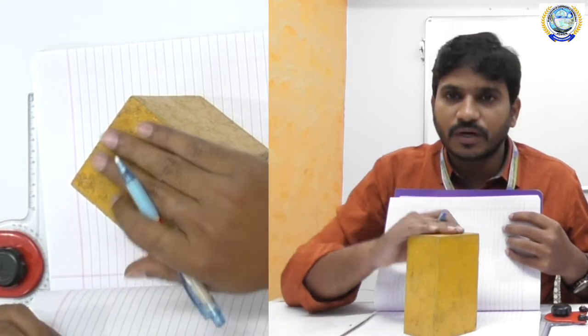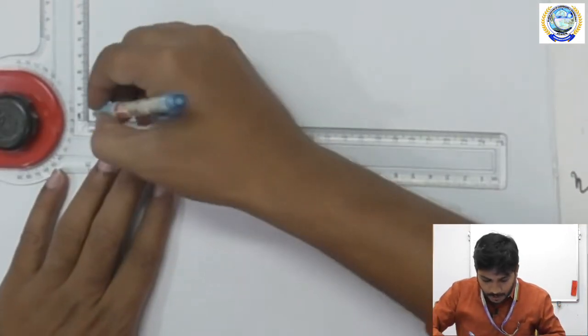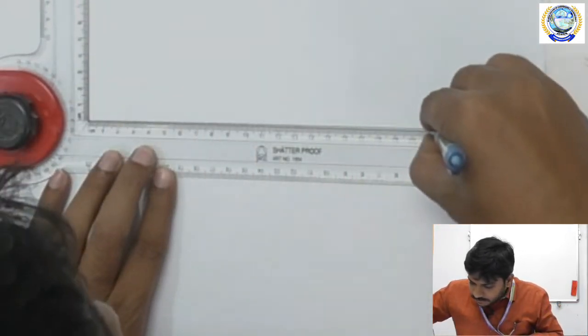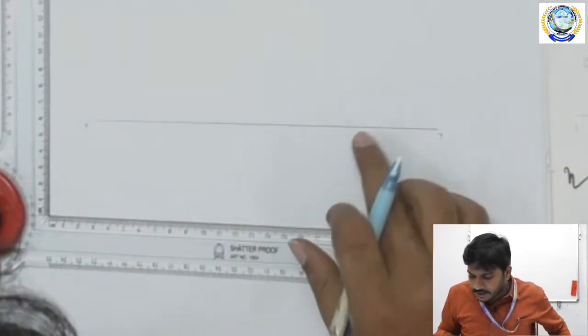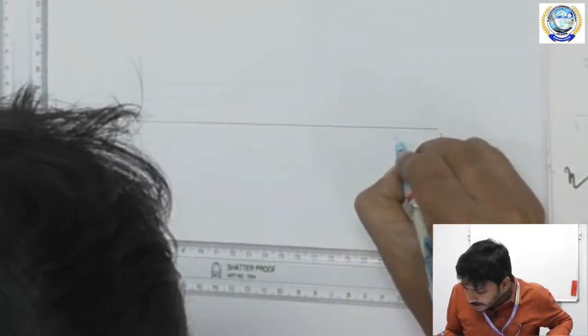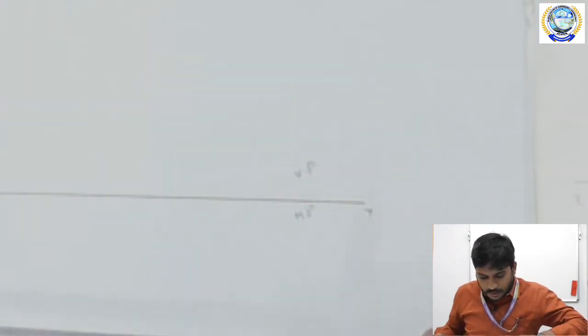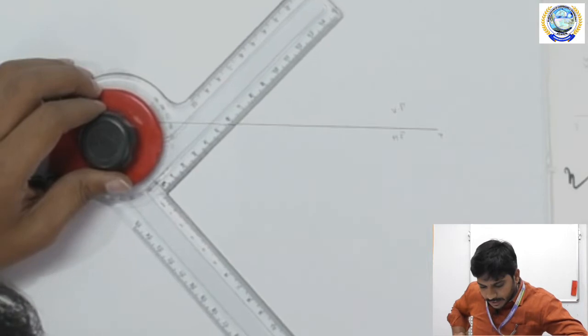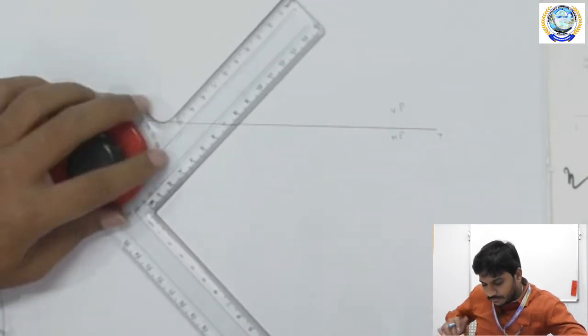First of all, I am going to draw the top view of the square prism. This is the XY reference line. This one is the HP, and this one is the VP. Now we have to place the square at an angle of 45 degrees with the VP.